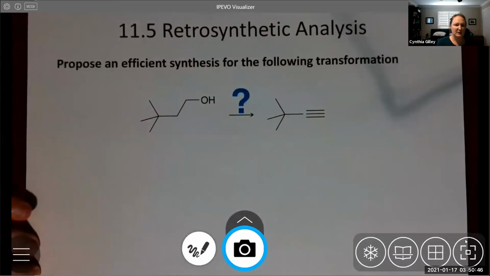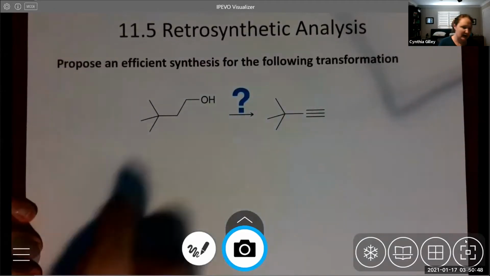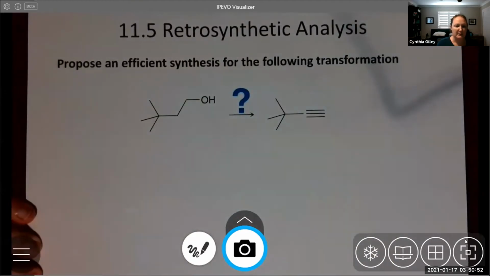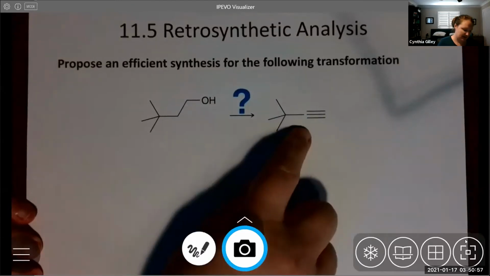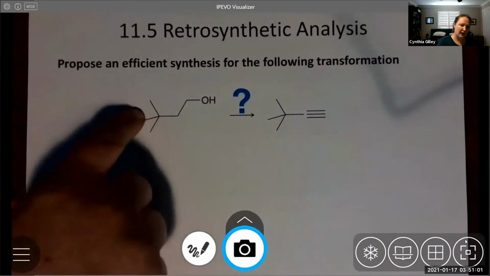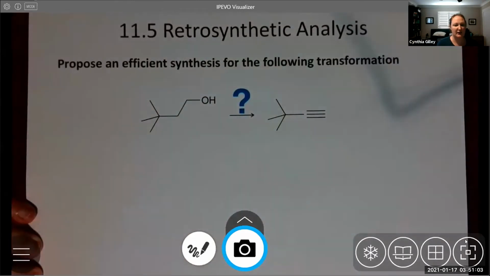But what we want to do is review the idea of working backward. That's what retrosynthetic analysis means. It means, how can I work backwards from the product to get to the reactant? And then I can write a pathway from the reactant to the product, adding in all the reagents at the end.